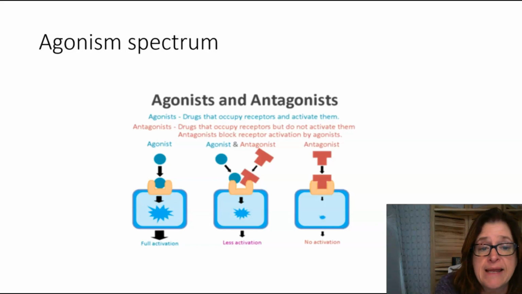Now, the agonist-antagonist spectrum is one that you really need to be comfortable with, right? This is something that you're going to see over and over and over again. And many of the concepts that we're talking about in this first module, you will see on certification. They're not looking for you to just learn this stuff and forget it.